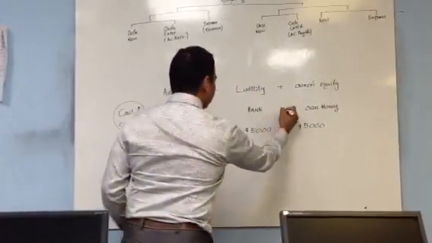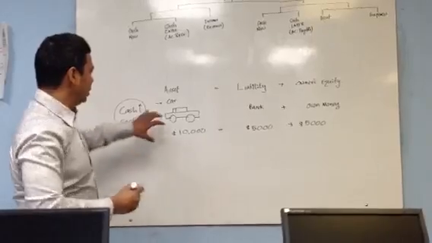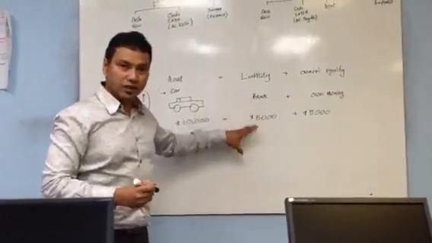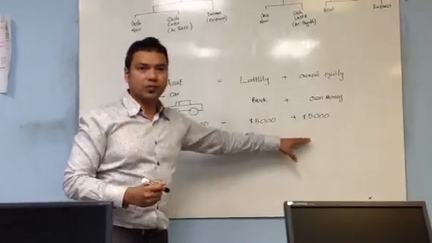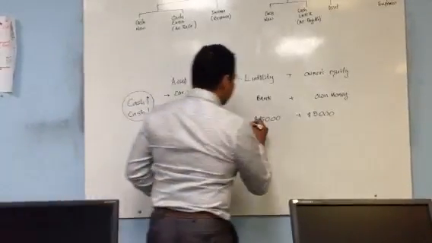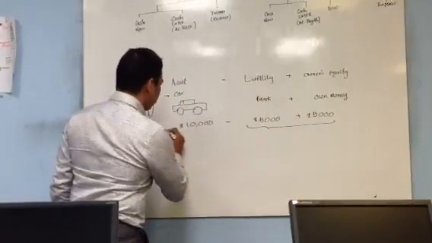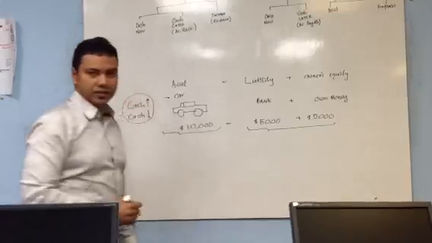So the $10,000 asset value of the car is equal to the bank's money plus my own money. So this side tells you the ownership, okay, and this side tells you the asset.